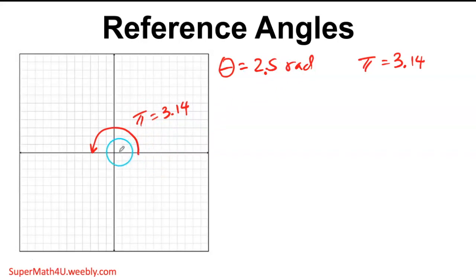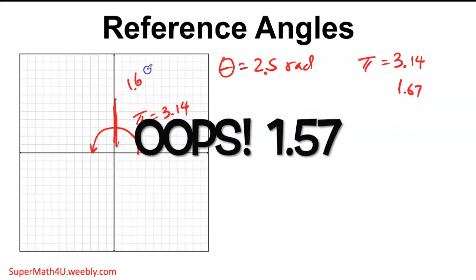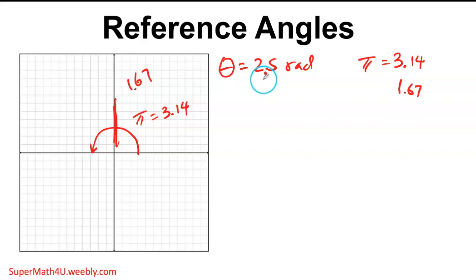If you notice, half of 3.14 is 1.57. So around here will be 1.57, and 2.5 is much greater than that. Therefore, 2.5 could be something around here. So standard form from here to here, I'm going to call that 2.5 radians.